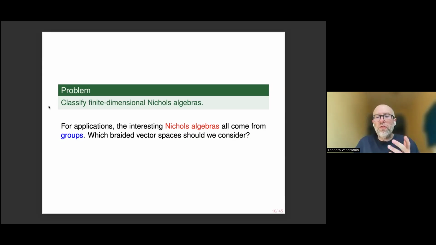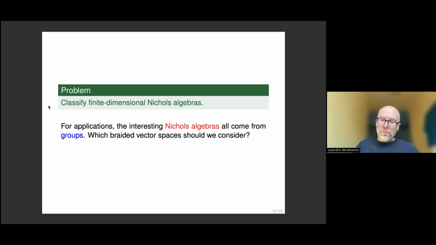But of course, to make this reasonable, not because it's easier, but because of the applications I have in mind, I will not consider every possible braiding. I will treat Nichols algebras as invariants of groups. So the braidings I will consider are those braidings of group type that I defined at the very beginning.